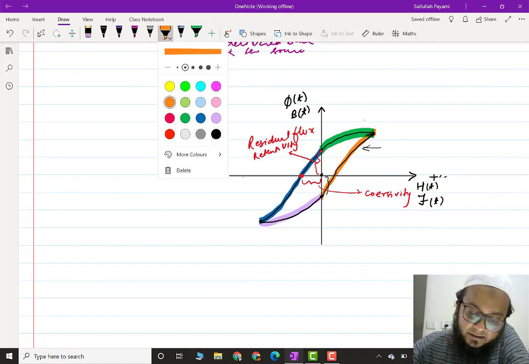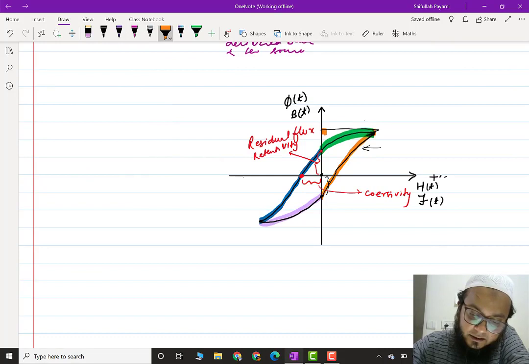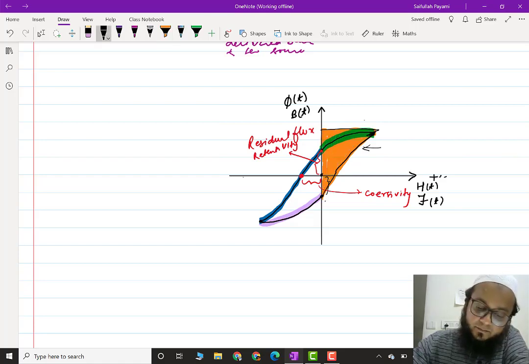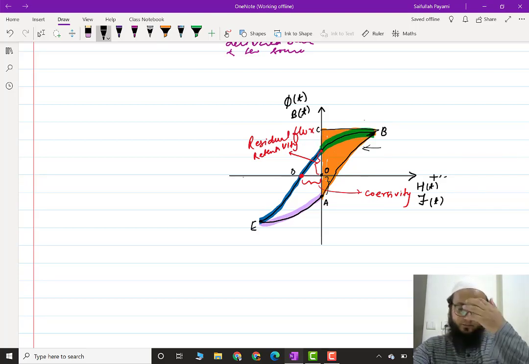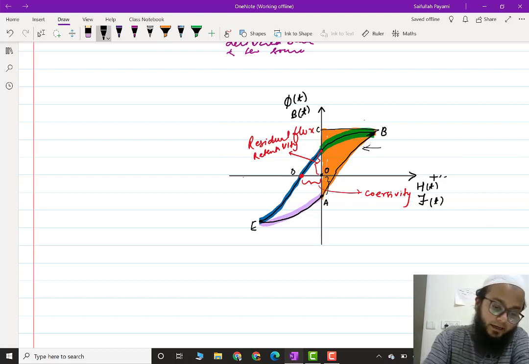In this, what we have seen is that this entire area is the energy, as we have seen before as well. So let's say the area A, B, C, the center one is O, then this is D, this is E, and A. So this entire area is actually the integral of H dB.